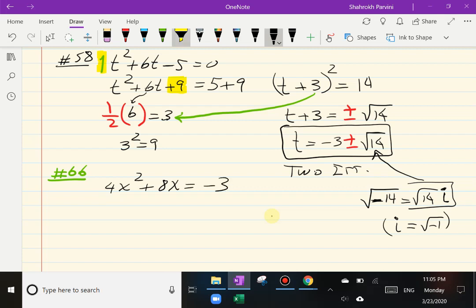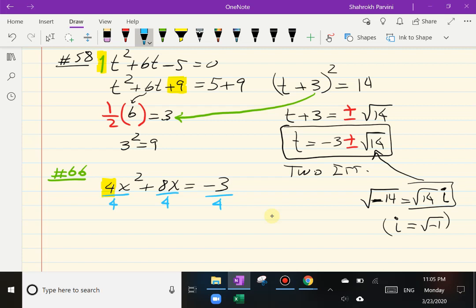Again, just to point out, this coefficient is not 1. So our first step is to divide everything throughout by 4, on this side and on the other side too.